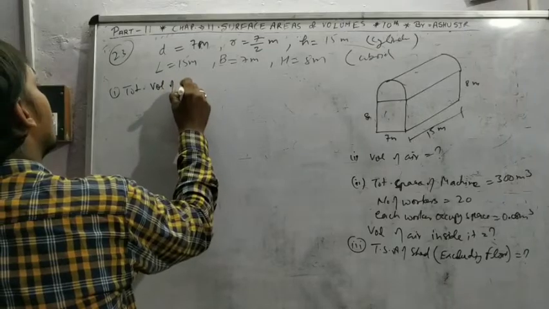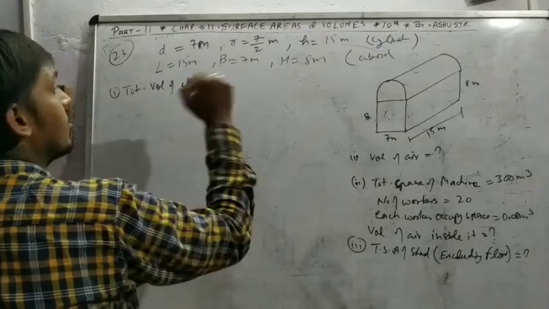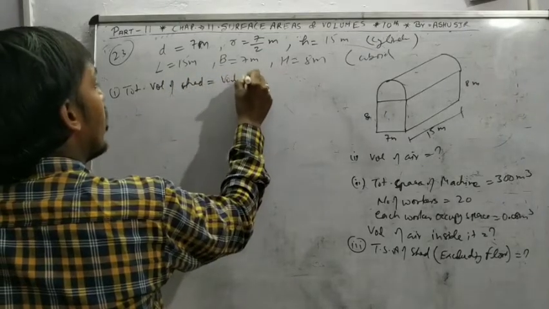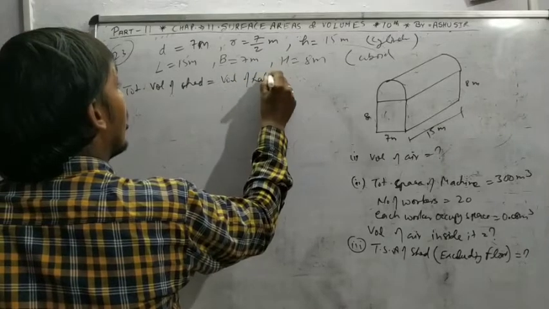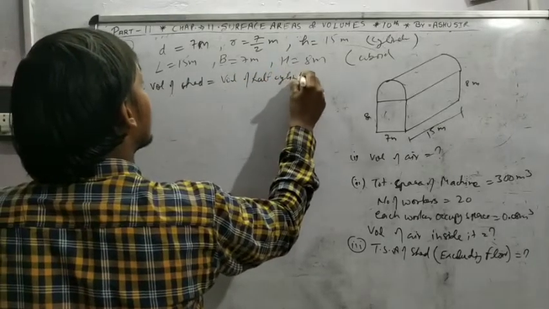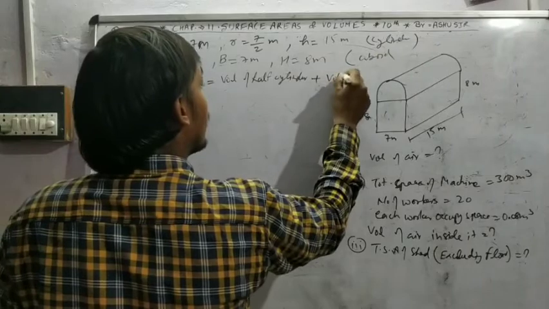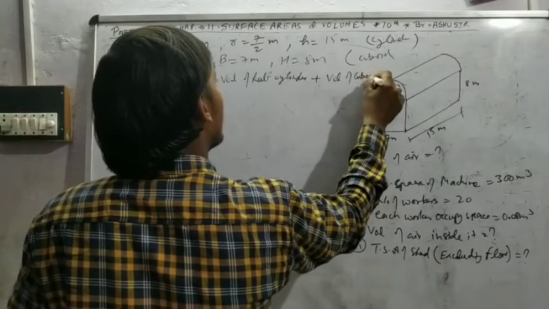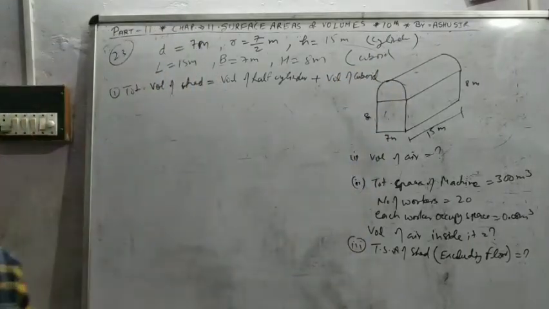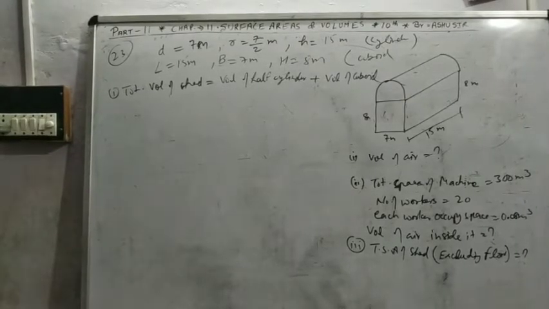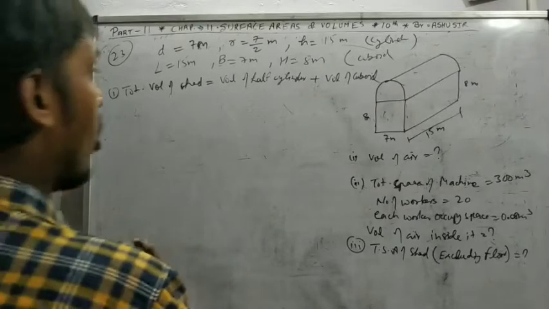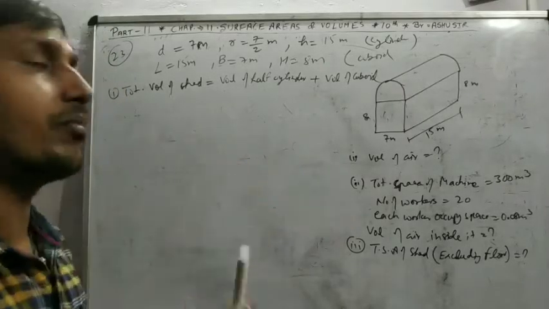So total volume of shed is volume of half cylinder plus volume of cuboid. There is no confusion between the volumes and the surface area, because for volume we normally add all the figures which are combined.